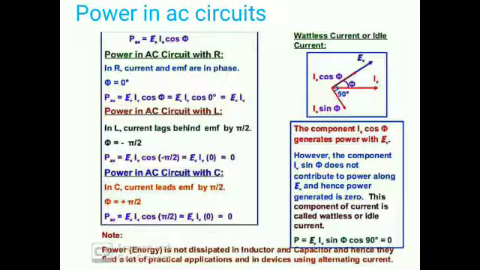E RMS I RMS multiplied by 0 becomes 0. So average power in an alternating circuit with C is 0. Power is not dissipated in the inductor and capacitor, hence they find a lot of practical applications in devices using alternating current.